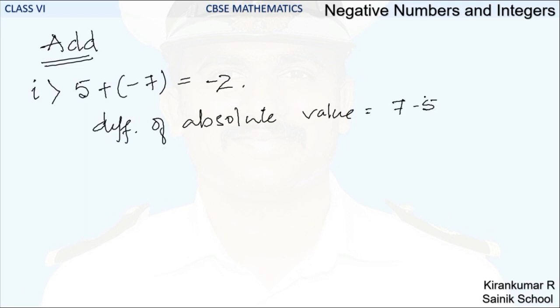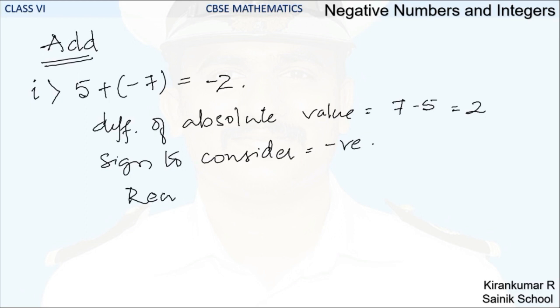Absolute value of 5 is 5, absolute value of minus 7 is 7, so the difference is 7 minus 5, which is 2. And we place the sign to consider. Sign to be considered here is negative, because the larger absolute value is 7 and it's having negative sign. Therefore, the result obtained is negative 2. Hope I have made it clear.